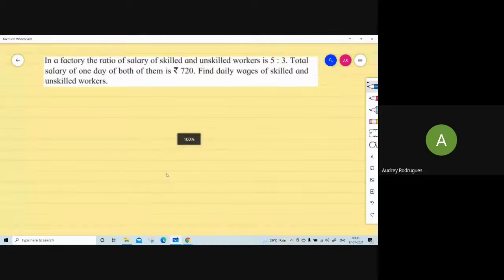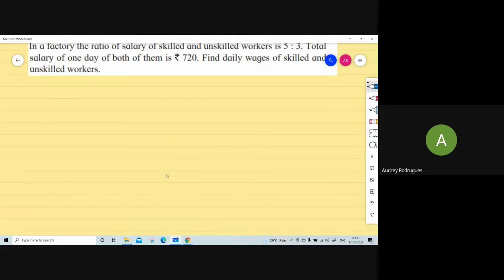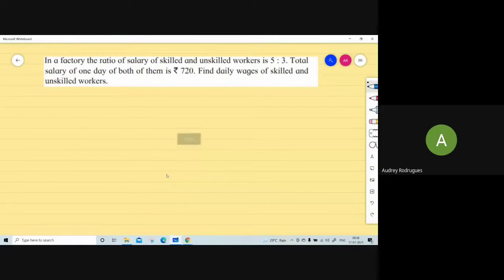In a factory, the ratio of salary of skilled and unskilled workers is 5:3. Total salary of one day of both of them is rupees 720. Find the daily wages of skilled and unskilled workers. Now, who are skilled workers and who are unskilled workers?